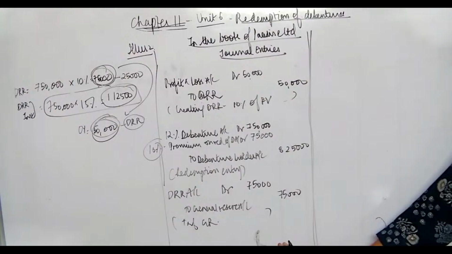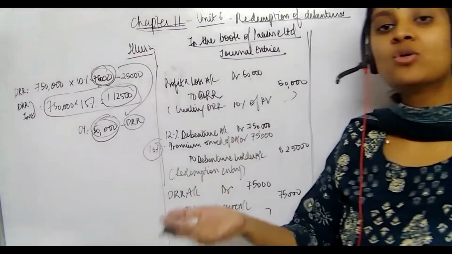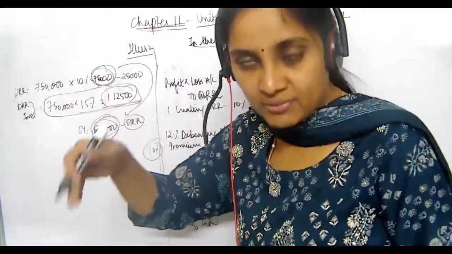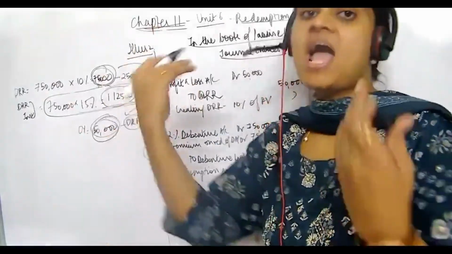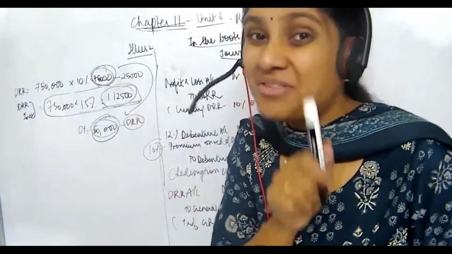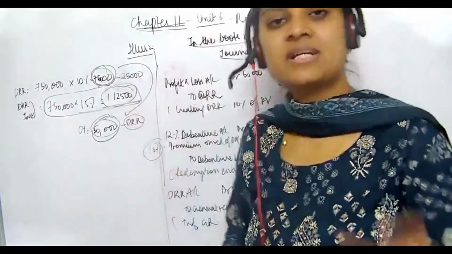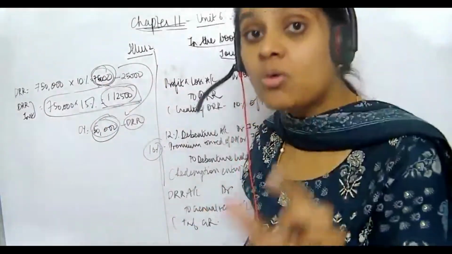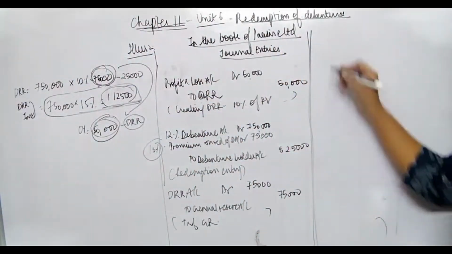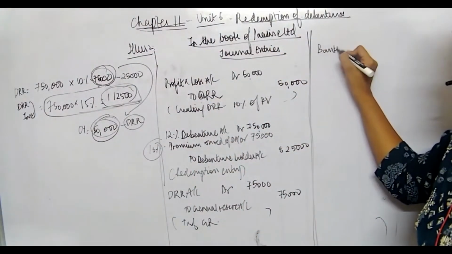Okay, this is clear. Now what am I going to do? Sell these investments. 1,12,500 I am going to sell. I have not passed an entry for the investment. Why? I have already invested. It is there in the books. Now I have to close the account, sell the investment and get the money here. So it will be bank account.